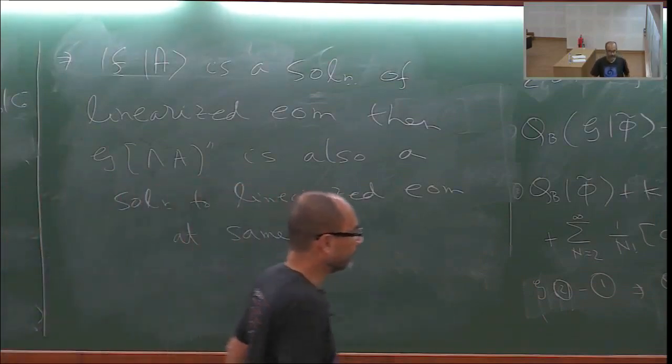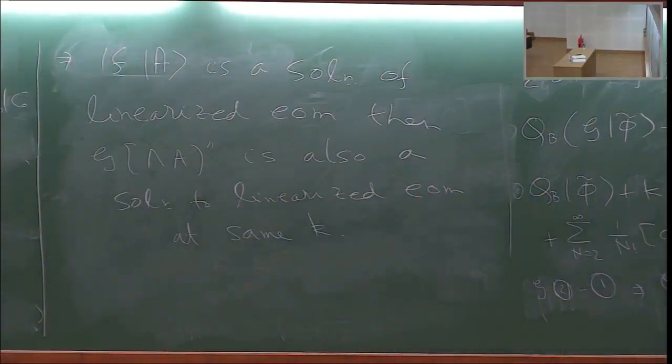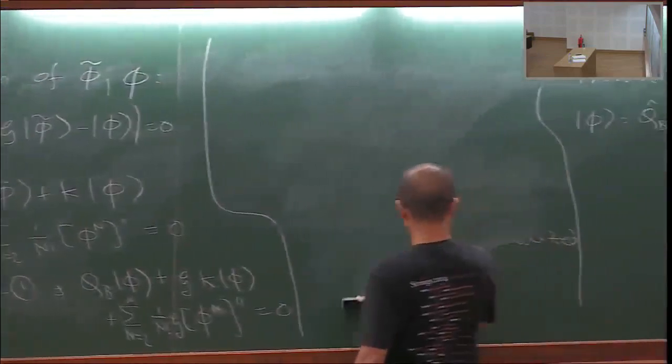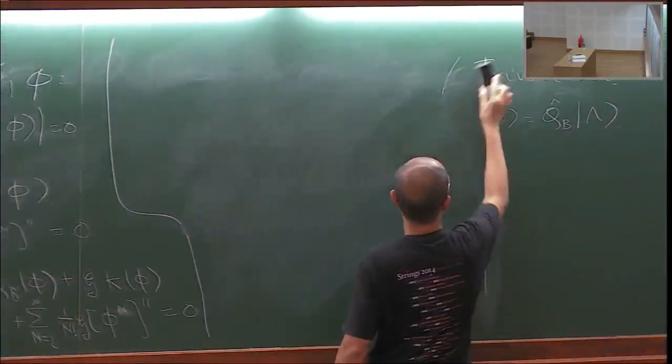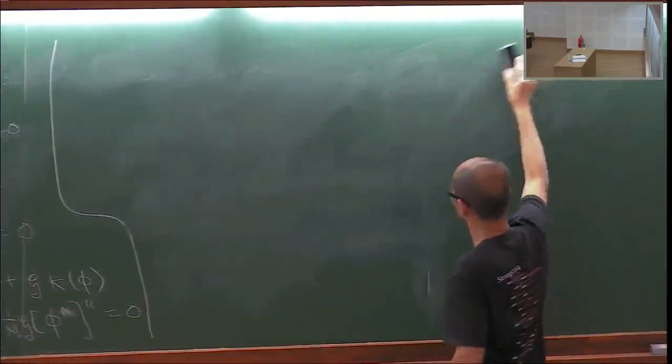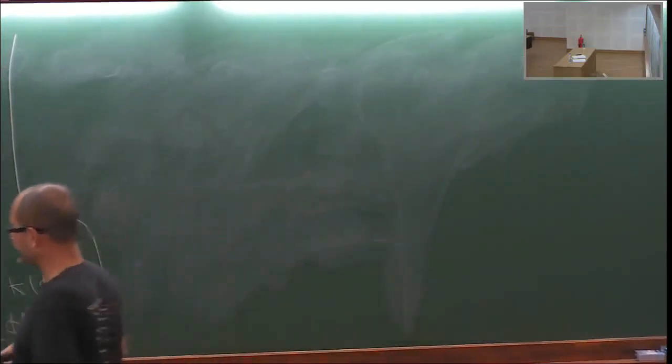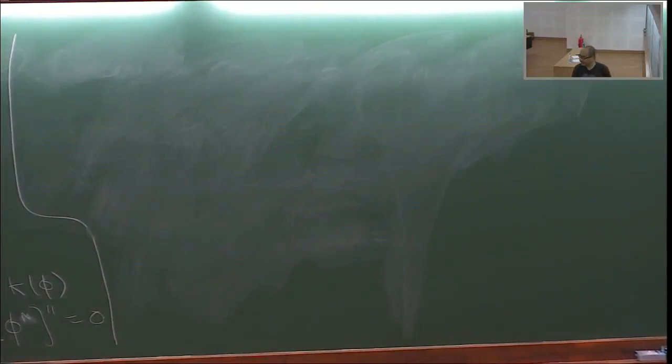Okay, so now I'll just describe briefly the perturbation theory around the shifted vacuum and then I'll stop. Any of the global symmetries will also pair like this.